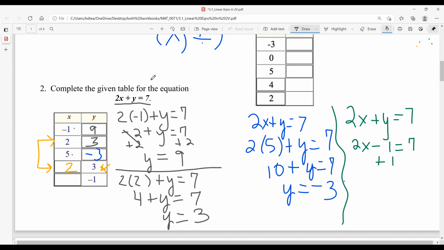We're going to add 1 to both sides. This is the step that I sometimes skip because you can do it in your head. -1, +1 cancels. We have 2x equals 8. Solving for the variable and dividing by the coefficient 2, x equals 4. So in the table, when y is -1, x is 4. And we have completed the table of values.